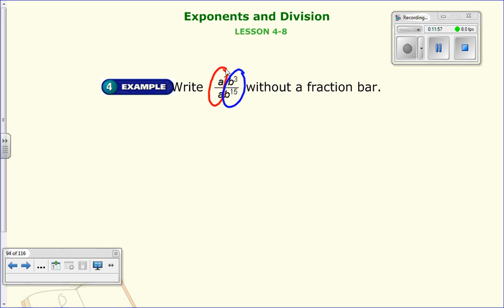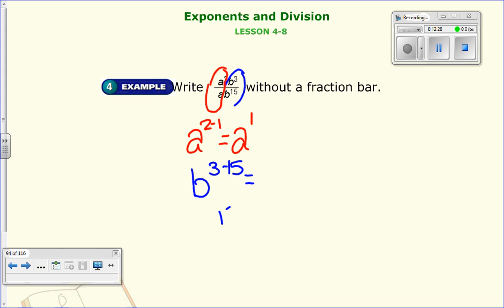So in red I have a squared minus, on the bottom, I just have an a, which is really a to the 1st. So 2 minus 1 is 1. I get a to the 1st power. Now I do the same thing with b. Well, b is 3 minus 15, which is, again, they are like bases, so I subtract them.